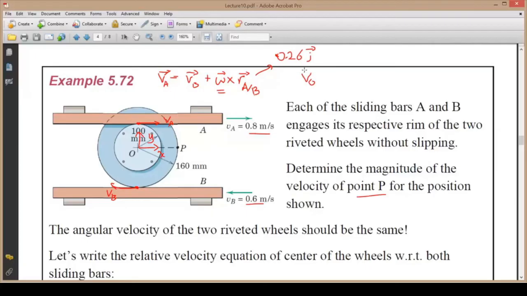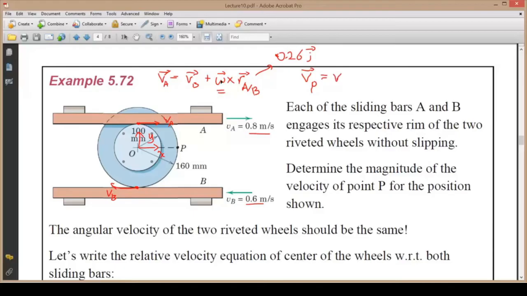The other equations are already written, so I'm not going to repeat those. We can write out a Vp equation, and then this would be equal to V0. Nope, not V0. We did not calculate V0.